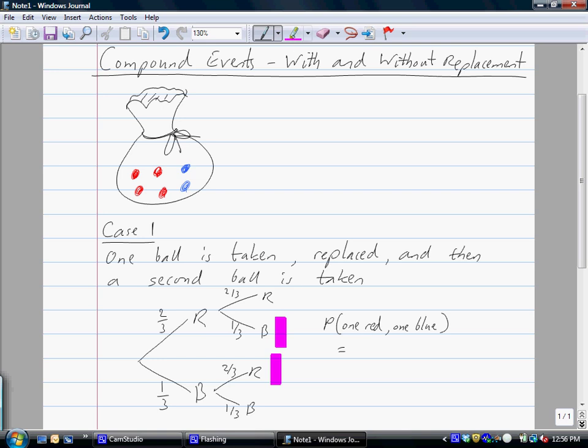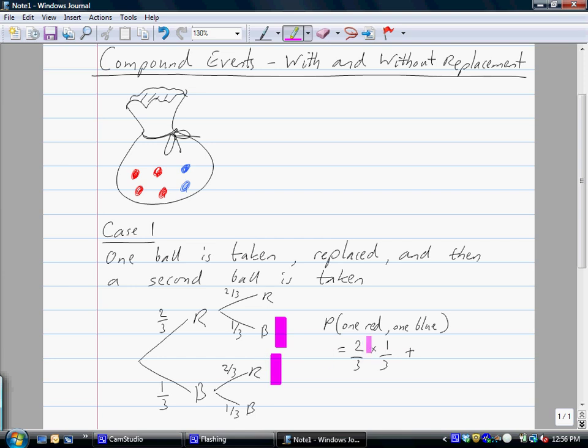It's just I want them to be different colours. So I say, okay, well, how can I get to this branch, because this is a red and a blue? Well, again, if I'm going this way through the branches, I just multiply. So it's 2/3 times 1/3. But I could end up with balls of the same colour going this way. So if I've got another option, I do an addition. This is an or. So the multiplication corresponds to and. I want red and blue. Or I want blue and red.